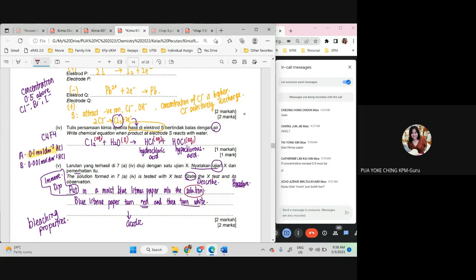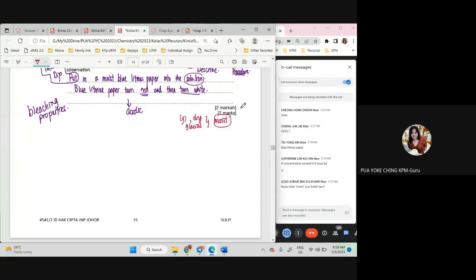Sebab dia memang dah ada air. Okay? Tapi kalau you punya produk adalah dalam bentuk gas ataupun yang jenis dry ataupun yang jenis glacial, yang kering, tapi you nak tunjukkan acidic properties, mesti pakai moist lah. Okay, supaya you tunjukkan dia bersifat acidic.